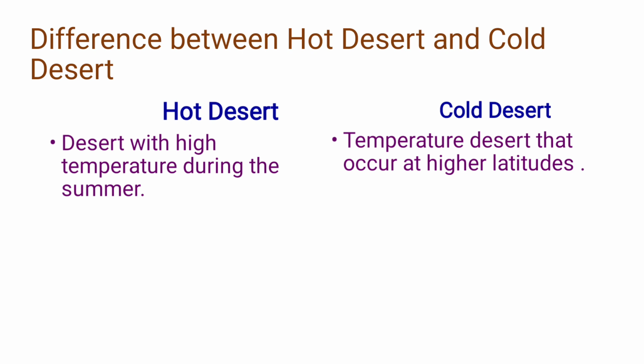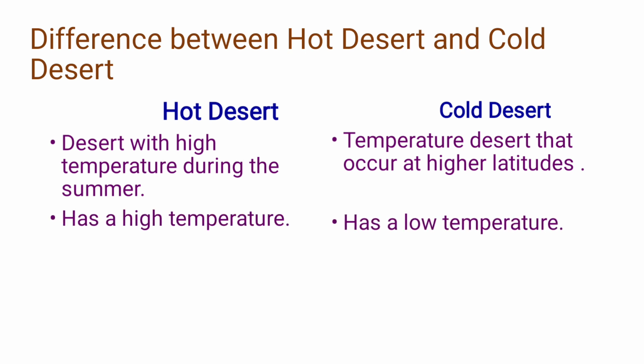You can say it is about minus 45 to 50 degrees in the cold desert, and in the hot desert it is 45 to 50 degrees. That means the cold desert is freezing cold, while the hot desert has a higher temperature.